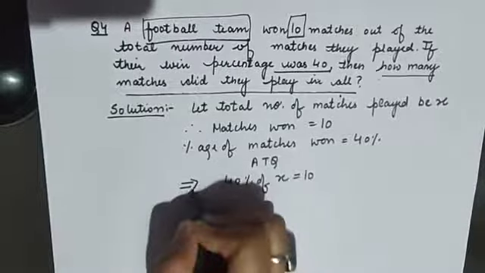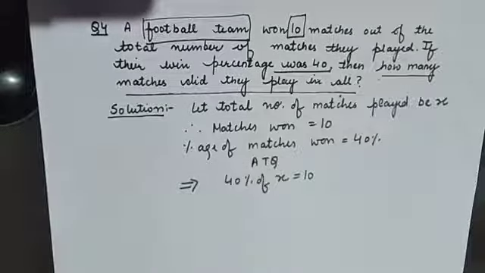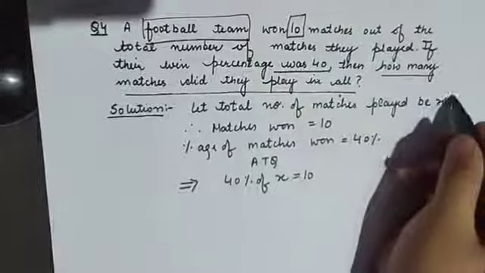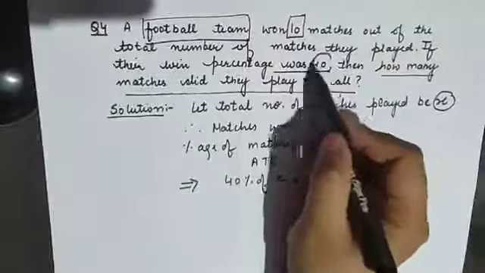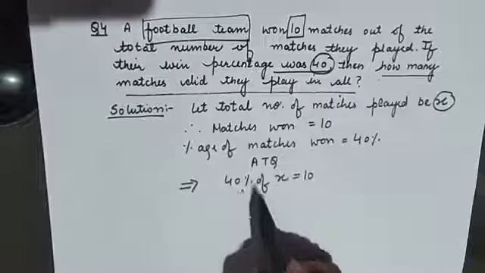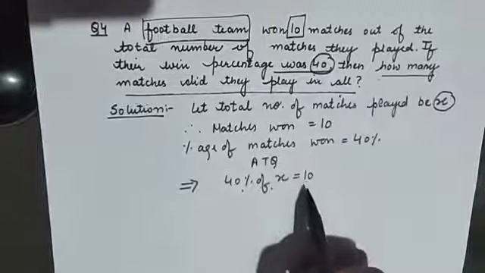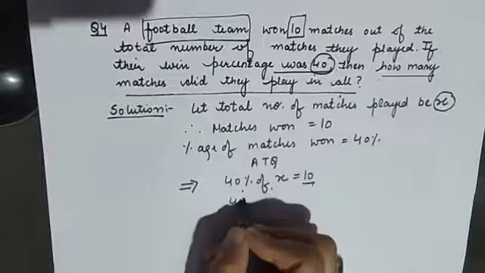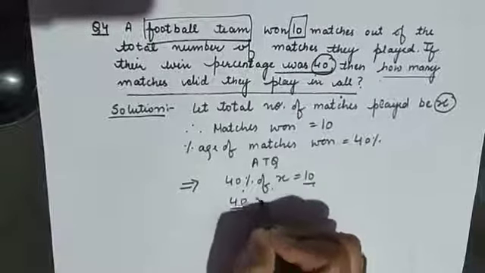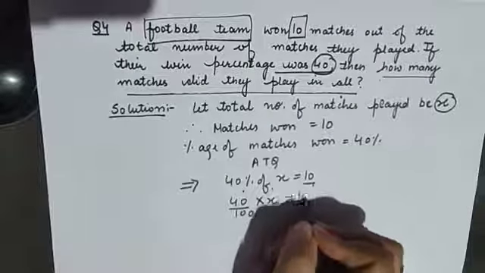Why 40% of x will be equal to 10? Because students, we have supposed that the total number of matches played by the team is x here. So according to the question, the winning percentage is 40% and the matches won are 10 here. So 40 by 100 into x is equal to 10.